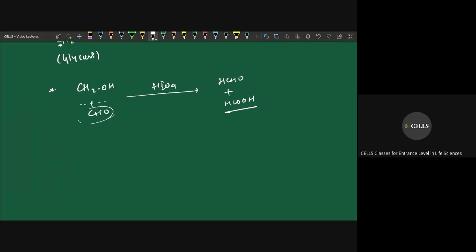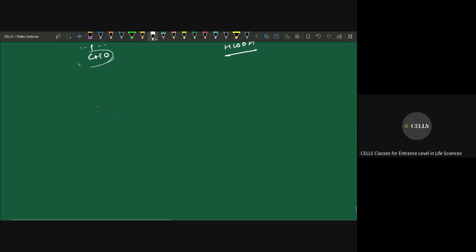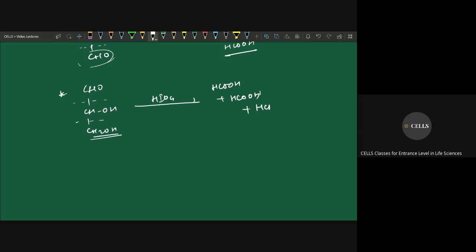Suppose we have this, very easy. First of all, cleave it. This is an aldehyde, it will be converted to 1 carbon acid. This is a secondary alcohol, it will form ketone, but it is unstable, so it will form a 1 carbon acid because there is only 1 carbon. This is a 1 carbon alcohol, but it's a primary alcohol, so it will be converted to 1 carbon aldehyde, HCHO.